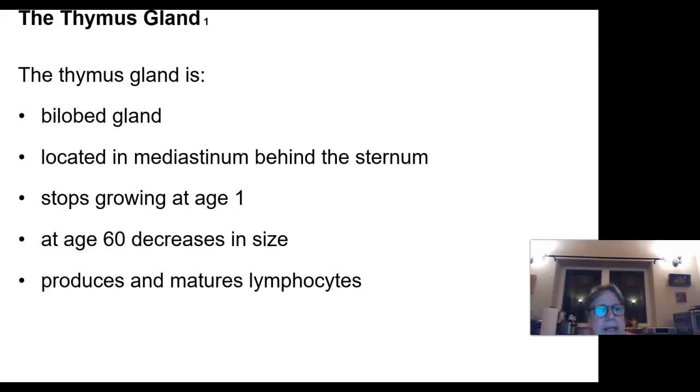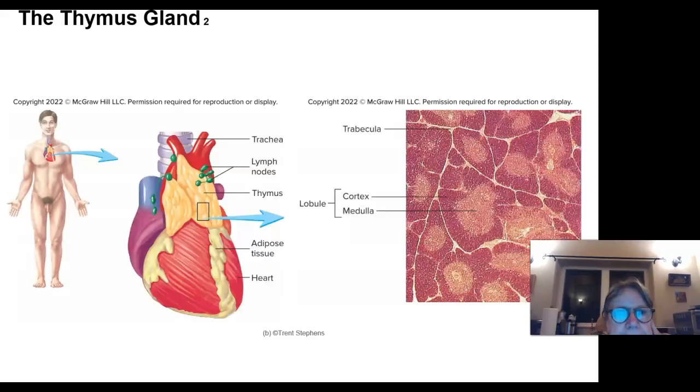What it does is produce and mature lymphocytes. Because it starts decreasing in size, older people are more vulnerable to infections, because their thymus no longer produces mature lymphocytes. And here you can see it on top of the heart area.